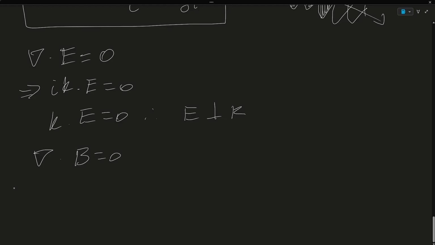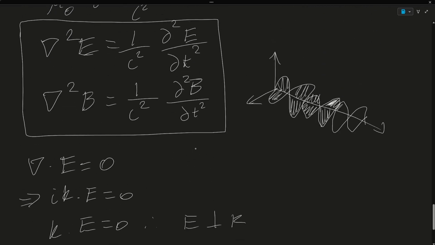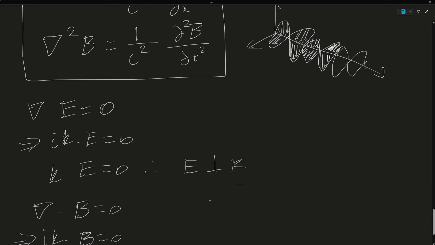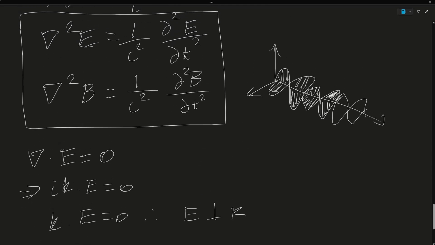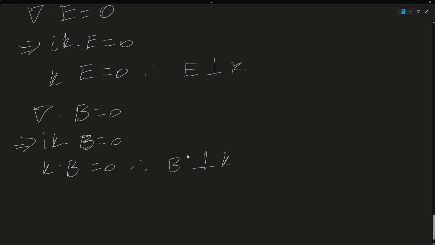The divergence of B equals 0 implies that i k dot B equals 0, k dot B equals 0, therefore B is orthogonal to k, so k must be in a direction that's orthogonal to both E and B, thus it propagates perpendicular to this.